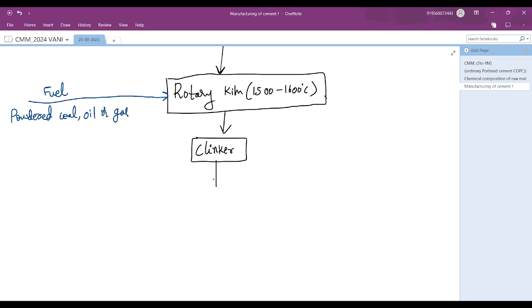Now this clinker is further made into powder form by grinding and breaking. Therefore, this clinker is taken into ball mills where the clinker is ground, for pulverizing.